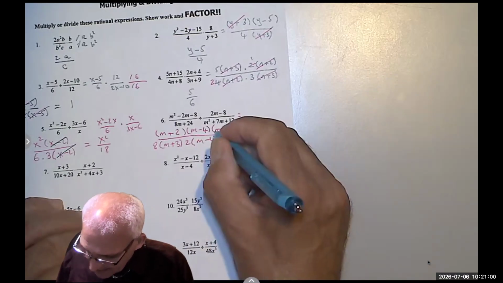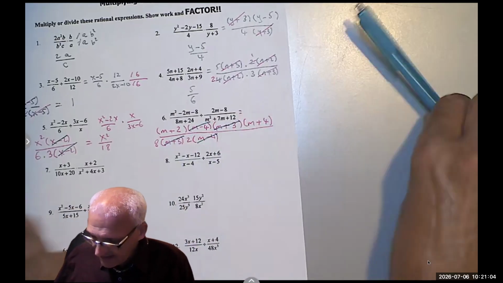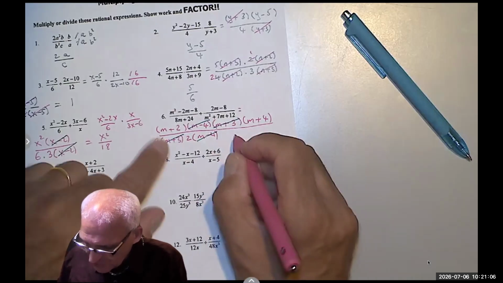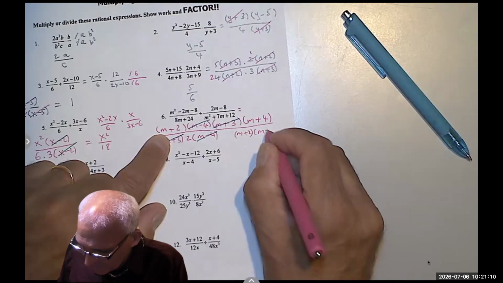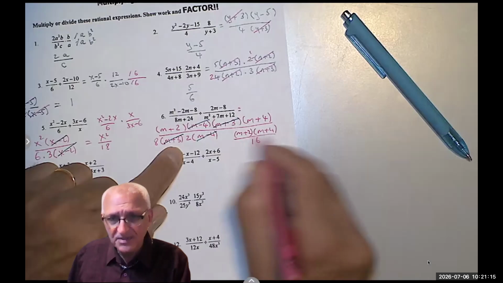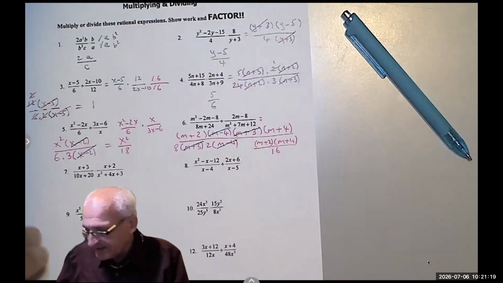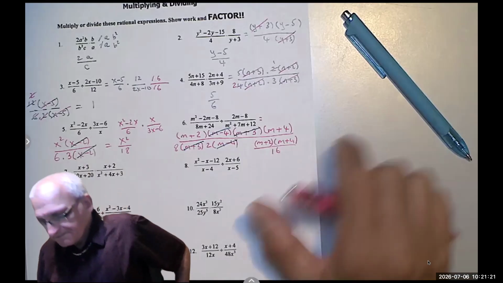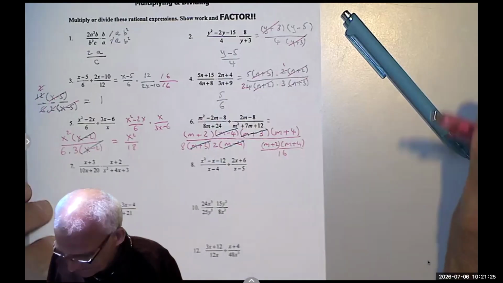Which means I can simplify this with that, and that leaves me with m plus 2 times m plus 4 over 16, which is m squared plus 6m plus 8 if you want, but since we are simplifying, we factor. They tell you show work and factor.